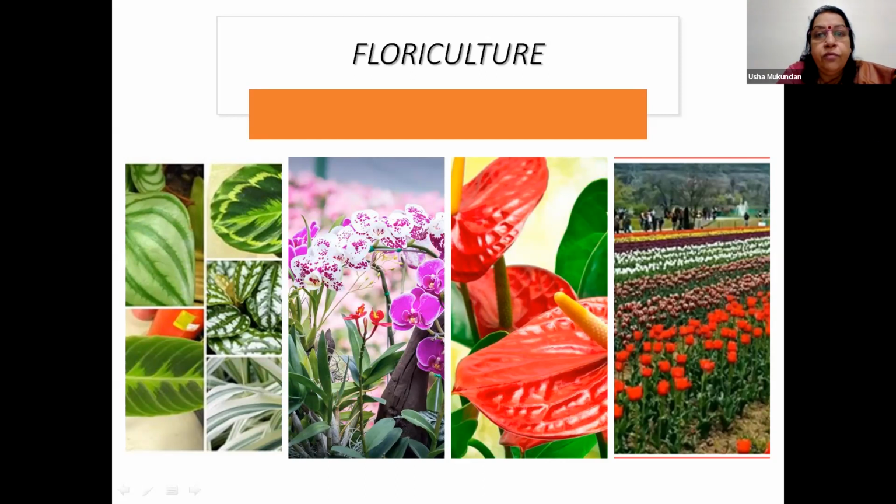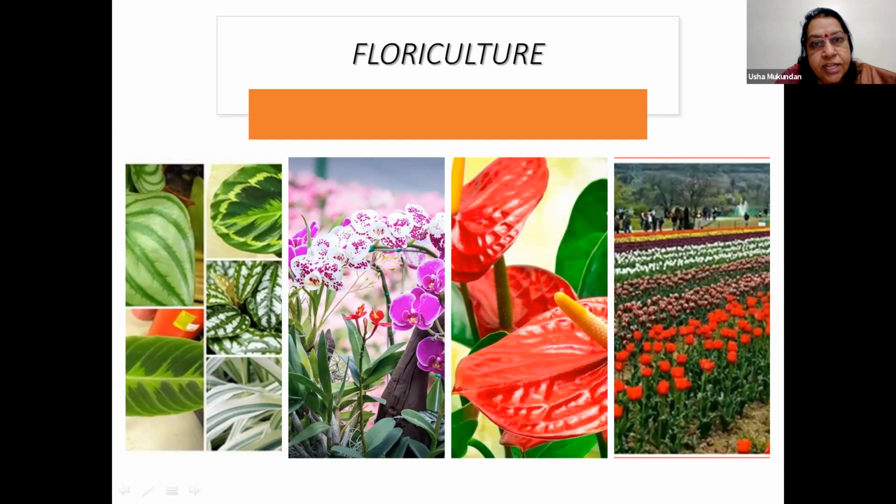Now there is one more area which is rapidly developing. It is because in India, labor is cheap as compared to many European countries. So as a result, they send you the mother plants or the tissue culture starting material. That means they will give you bottles which contain these micro-propagated plants.